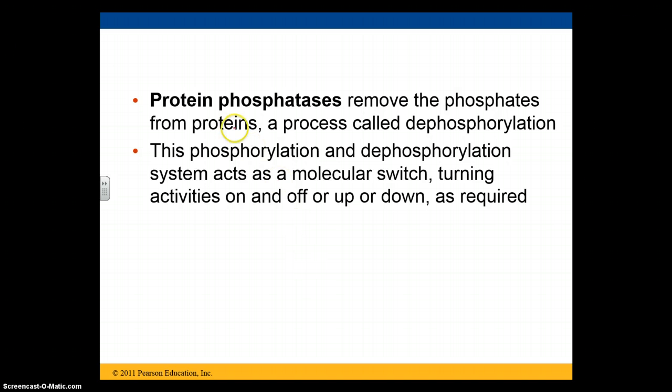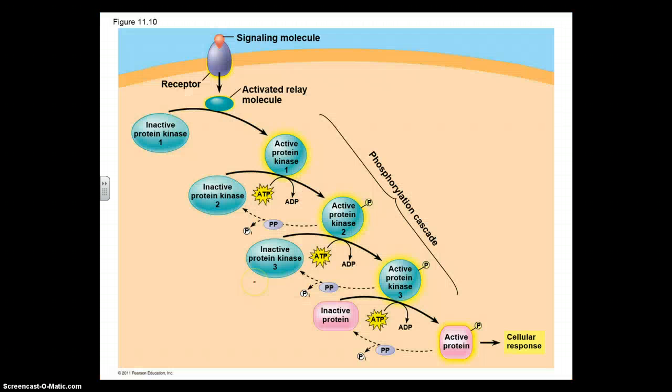And protein phosphatases, remember it ends in -ase, so that's an enzyme, remove the phosphates from the proteins, and they dephosphorylate the protein. So this phosphorylation and dephosphorylation acts as a molecular switch, which will turn activities on or off, or amplify them, or inhibit them as required.